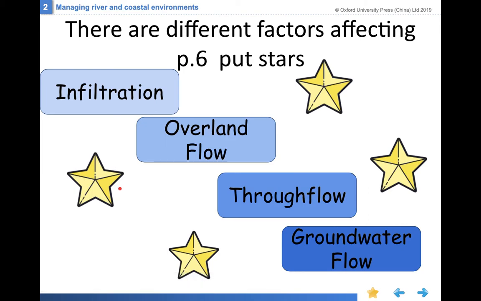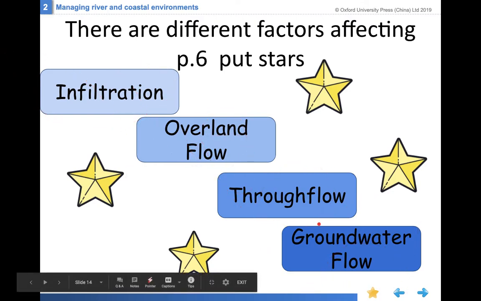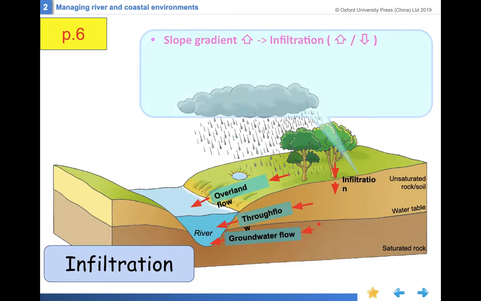即係話呢一版呢就有列咗個表啦，就同你講究竟有咩嘅因素呢係會影響到啦 infiltration 啦、overland flow 啦、through flow 同埋 groundwater flow 嘅量嘅。Okay, so let's see about the infiltration first.